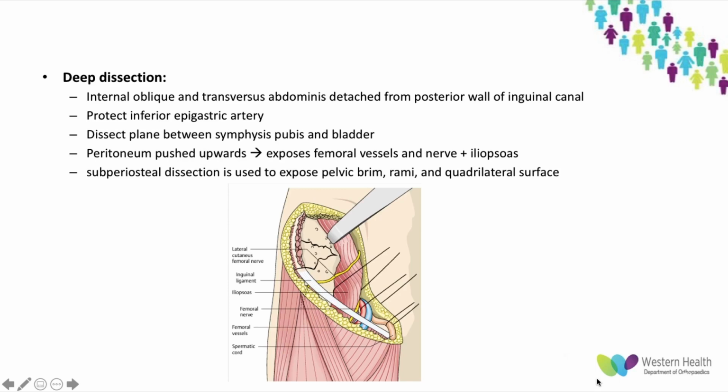The deep dissection involves the internal oblique and transverse abdominis detaching from the posterior wall of the inguinal canal. The inferior epigastric artery is exposed and needs to be protected. You then dissect between the symphysis pubis and the bladder. The periosteum is then pushed upwards to expose your femoral vessels, the nerve, and iliopsoas, which all need to be protected. The subperiosteal dissection is used to expose your pelvic brim, your rami, and the quadrilateral surface.